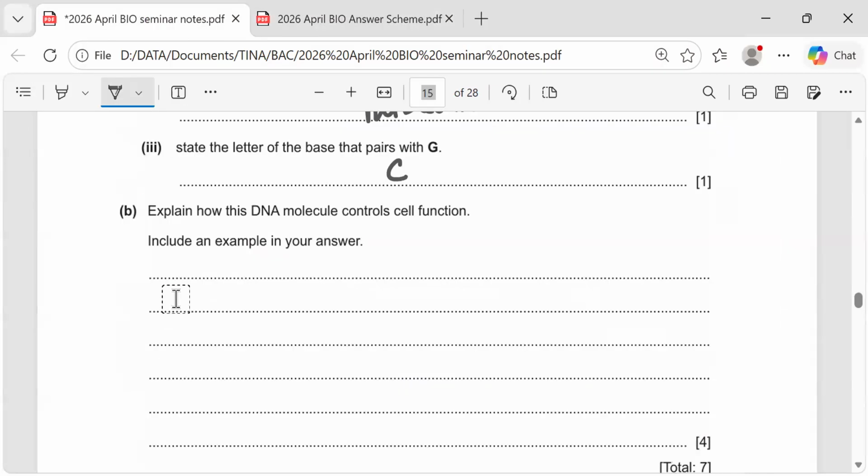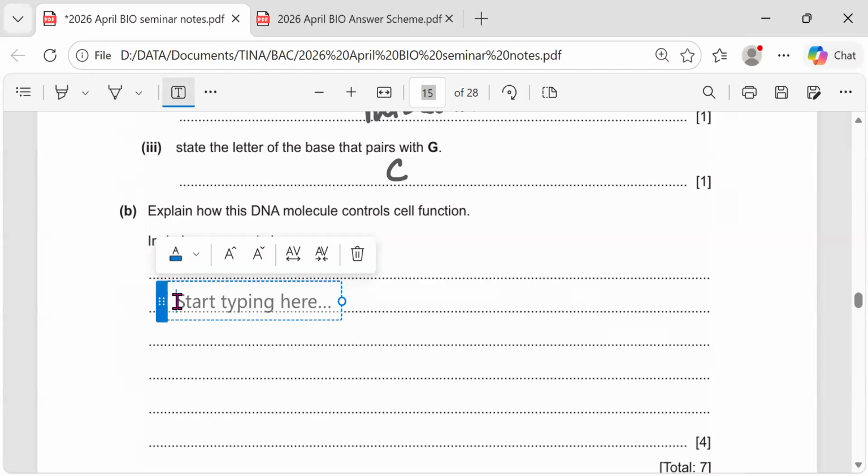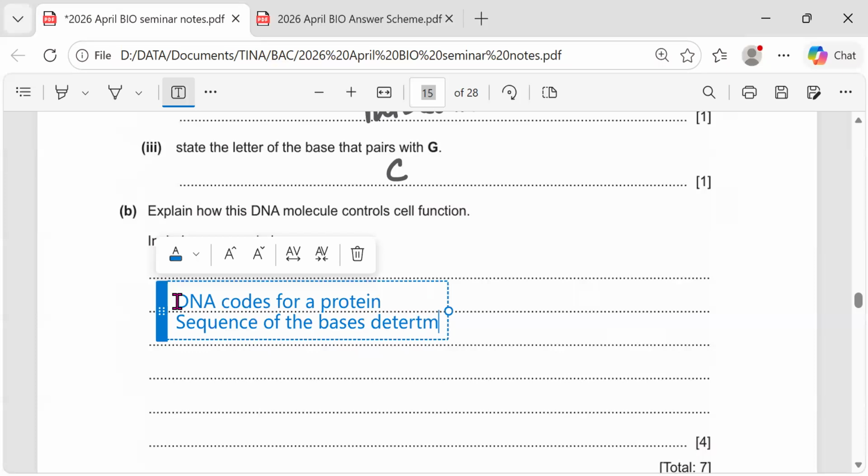Okay, so this one. DNA codes for a protein. The sequence of the bases determines the amino acids.